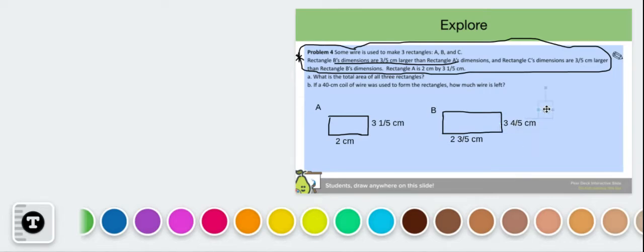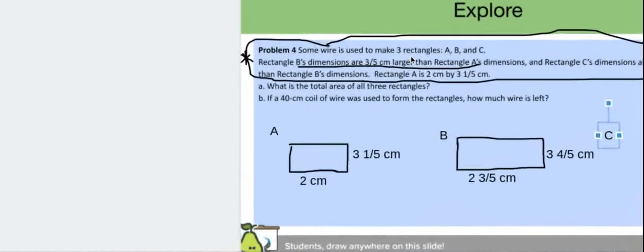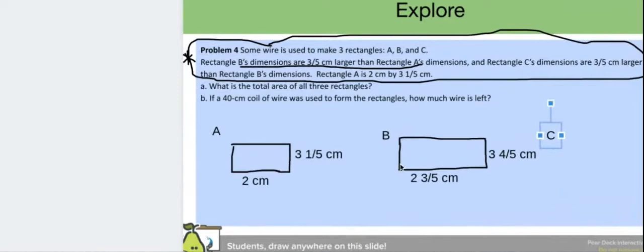So we were able to take the information that told us that rectangle B's dimensions are 3/5 centimeters larger than rectangle A's. So 2 added to that 3/5 gives us 2 3/5, and 3 1/5 plus those 3/5 gives us 3 4/5.